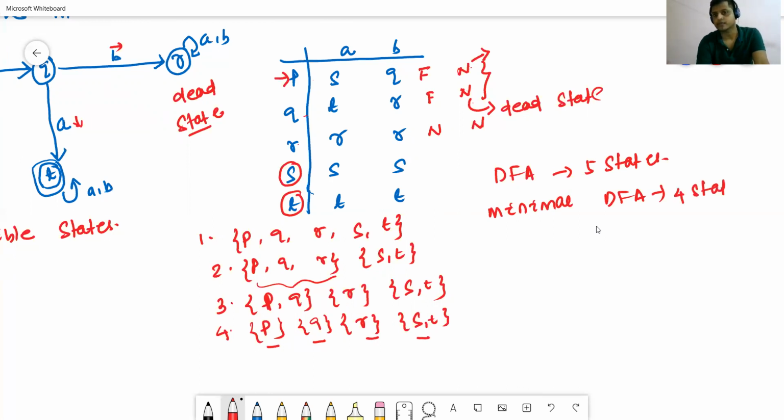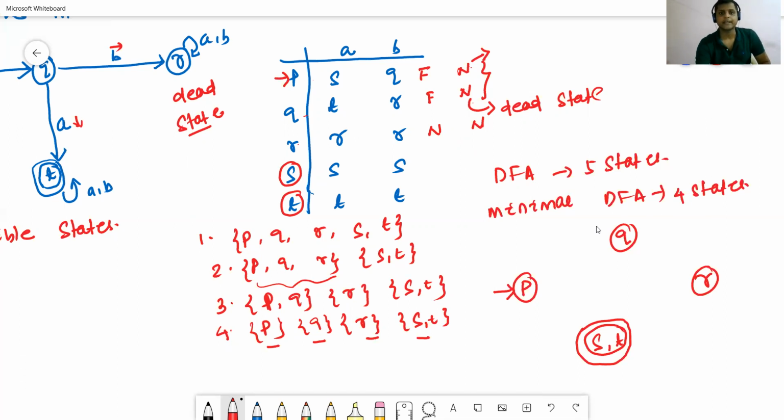Now we'll construct the transition diagram for the minimal DFA using the given states: P, then Q, then R, then ST. P is the initial state in the original DFA, so in the minimal DFA, P is also the initial state. S and T are both final states in the original DFA, so in the minimal DFA, S and T are also final states.